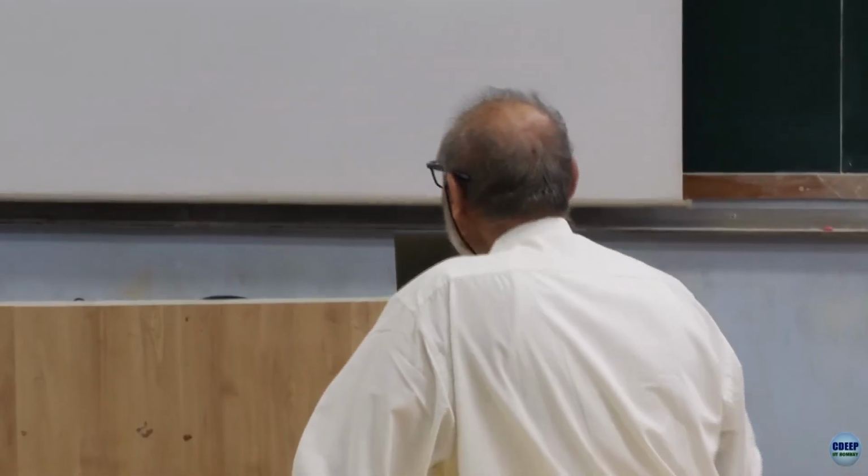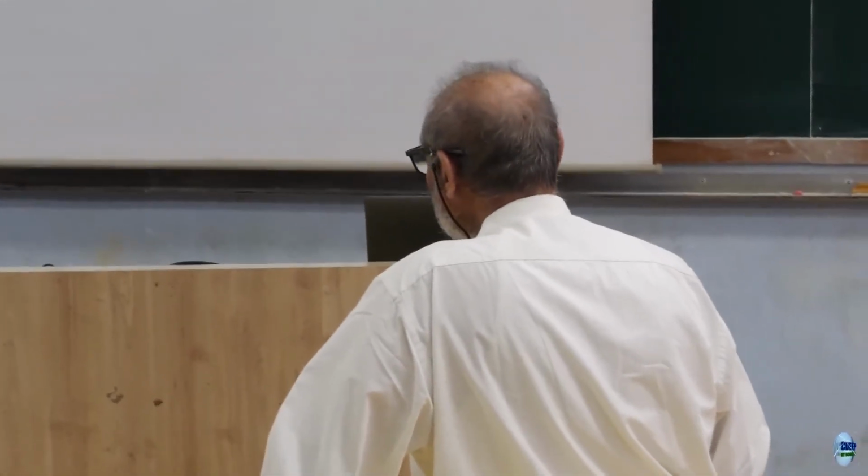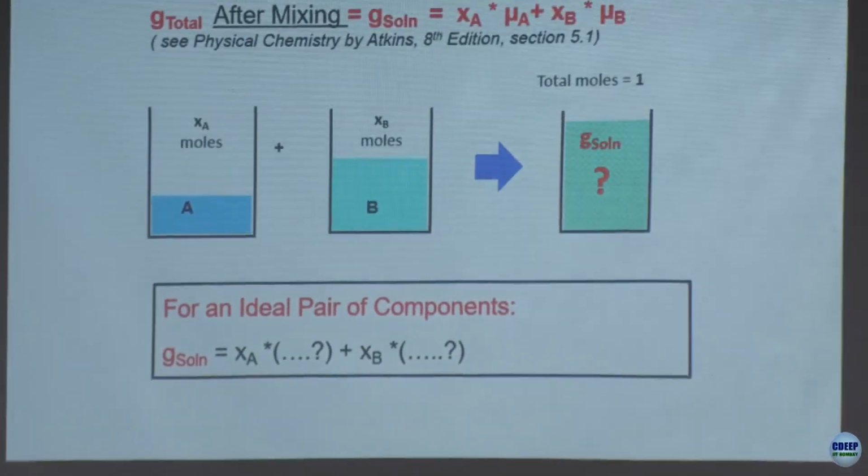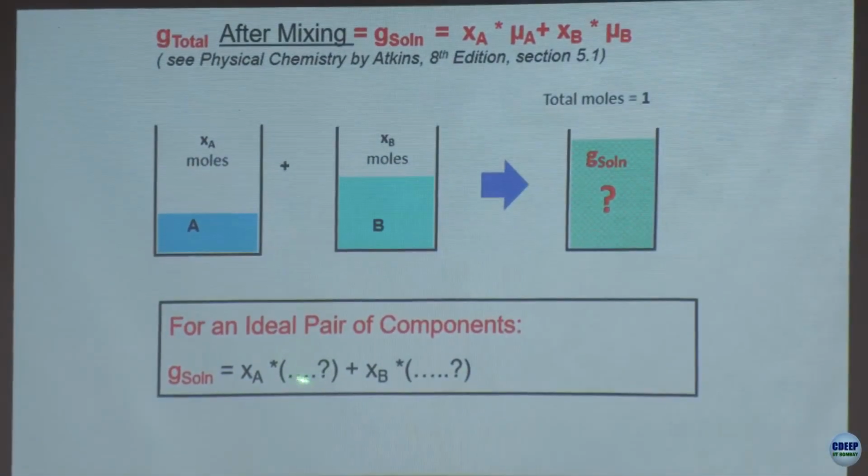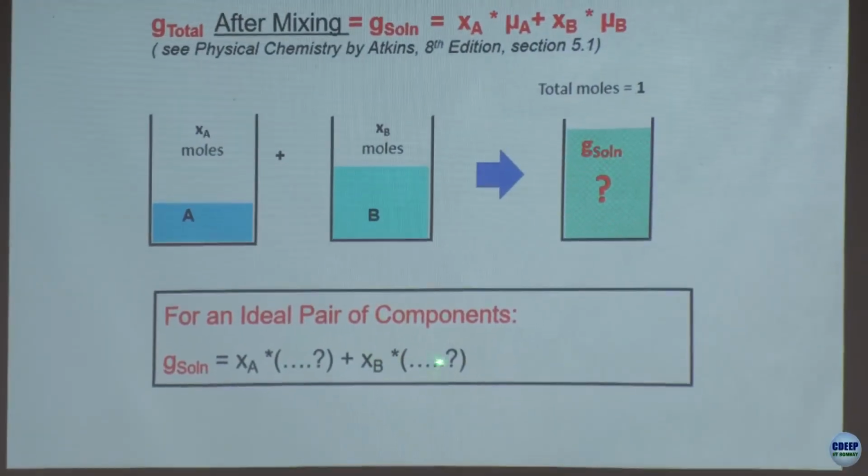Now for an ideal pair of components, G of solution is going to be XA multiplied by certain things here and XB multiplied by this.